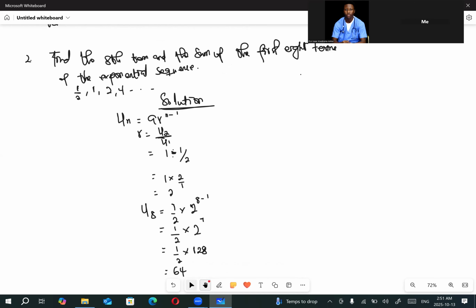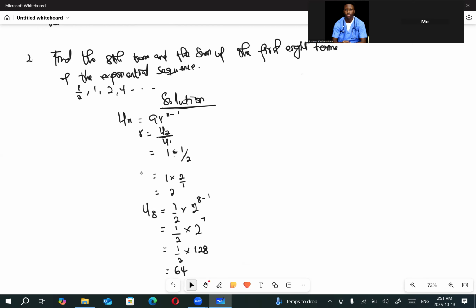So it says find the 8th term. What was the next question? Charity, read from the board. What's the next question? You can't see the question on the board?